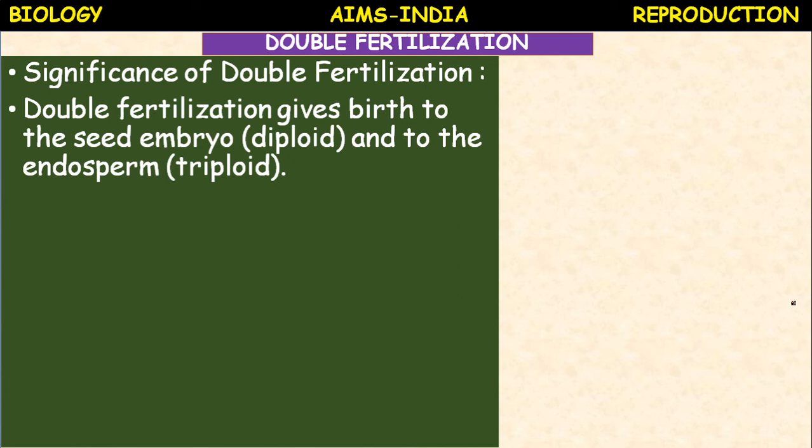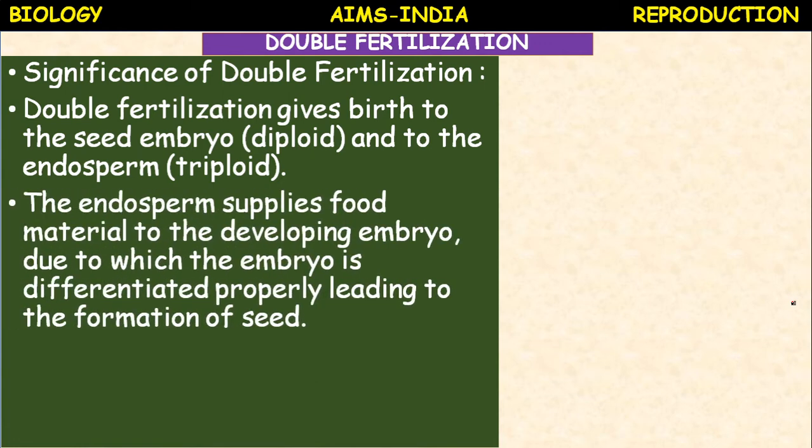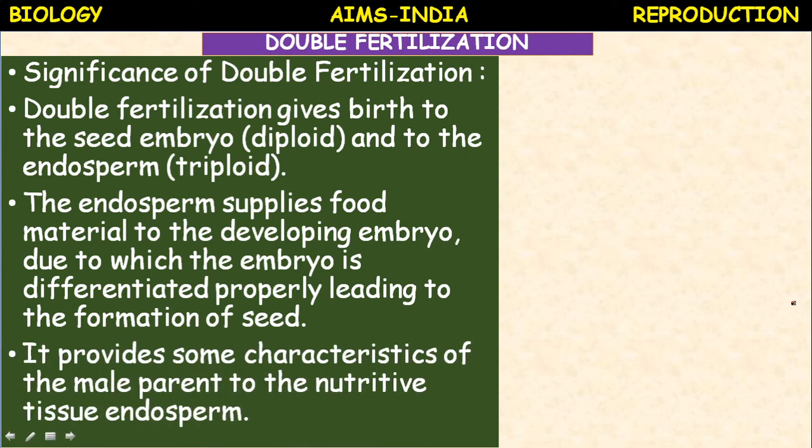Double fertilization gives rise to the seed embryo, which is diploid, and to the endosperm, which is triploid. The endosperm supplies food materials to the developing embryo, due to which the embryo is differentiated properly, leading to the formation of a seed.